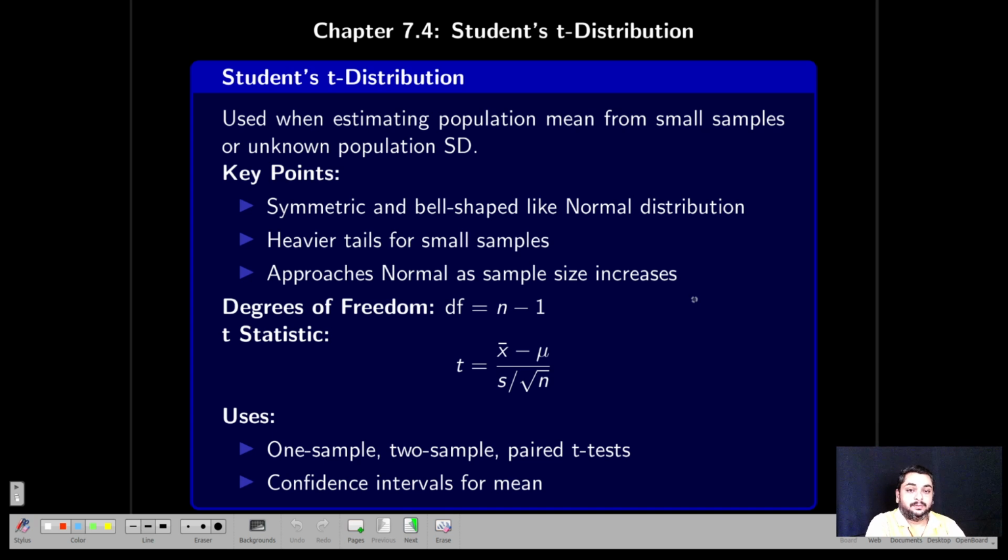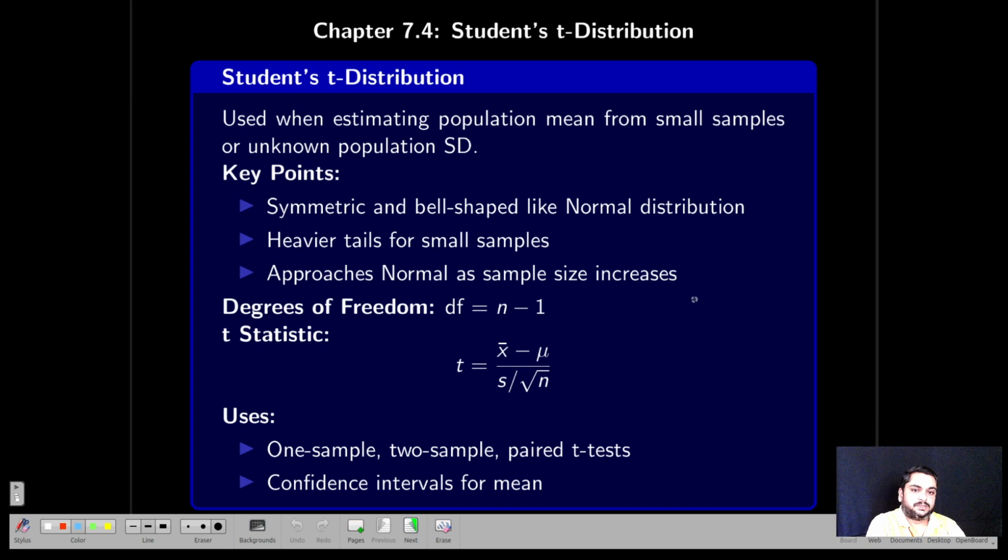But how will you say how good it is? To test that, you usually use the Student's t-distribution and the chi-square distribution. The confidence intervals and all those things we'll learn in the next chapter, but we'll just introduce these distributions and see their uses.